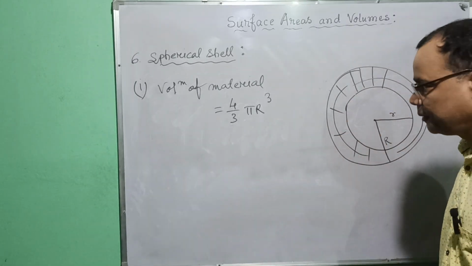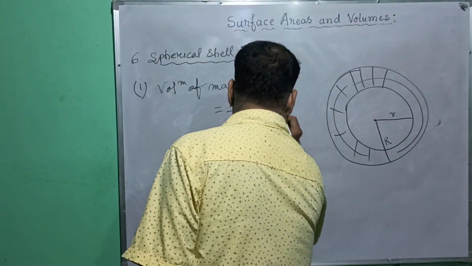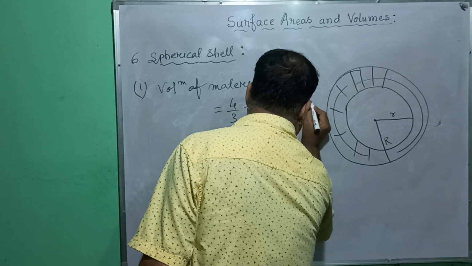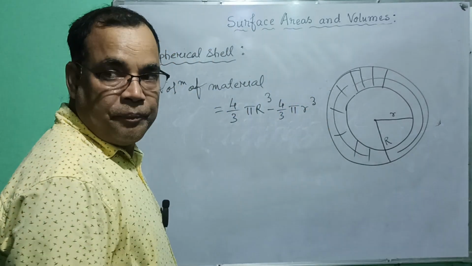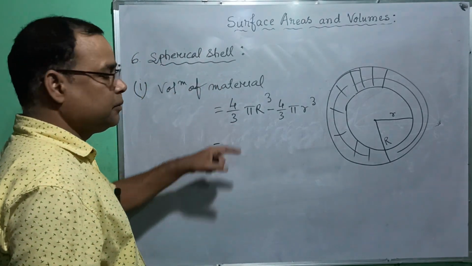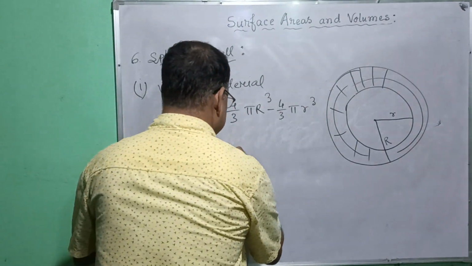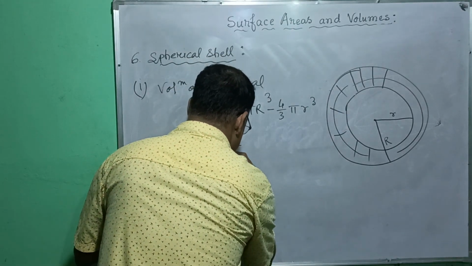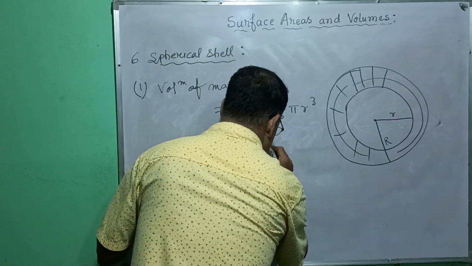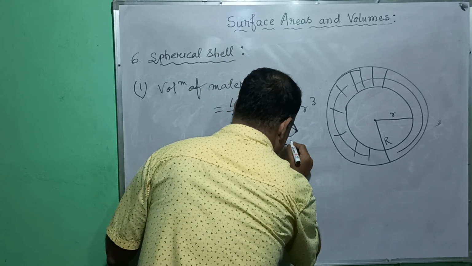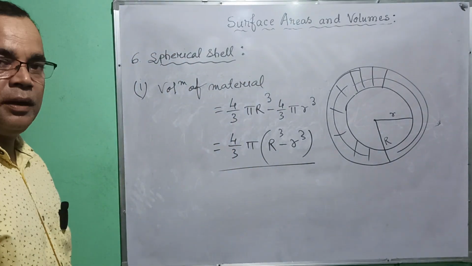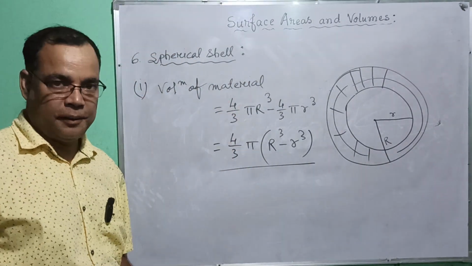So we subtract 4 by 3 pi small r cube, and it gives us the volume of material. We can take common 4 by 3 pi, and here will be capital R cube minus small r cube. This is the formula to find the material.